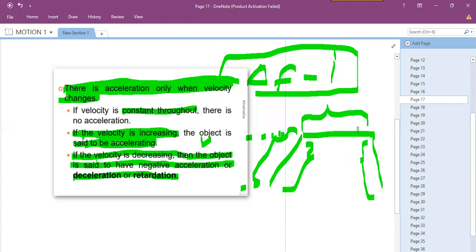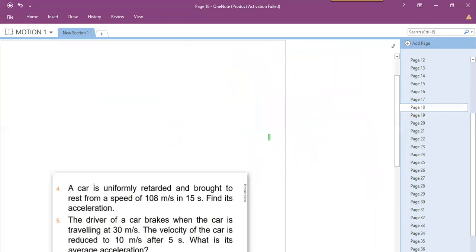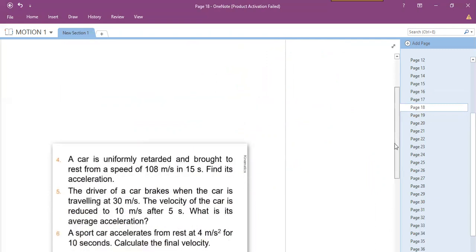So three scenarios: a constant line, constant speed, acceleration is zero. An increasing slope means a change in velocity, meaning there's acceleration. A decreasing slope means the object is decelerating. These are the three scenarios that apply when we're talking about acceleration.